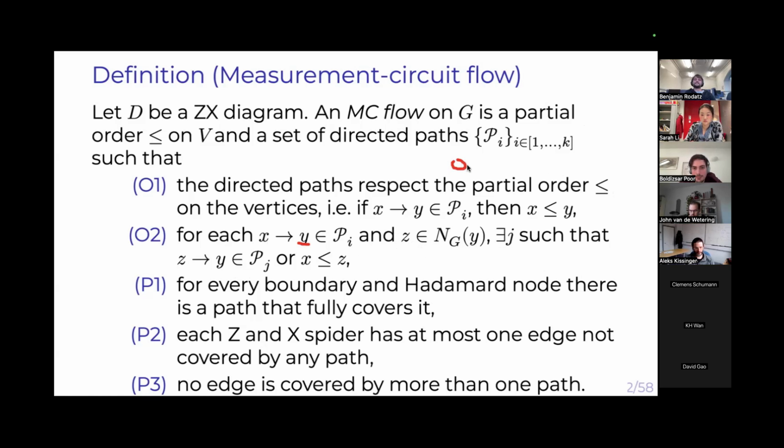So we have a couple of nodes. So x goes to y, and this is x, this is y, and then z goes to y, z goes to y. What we have to have is x is preceded by z.